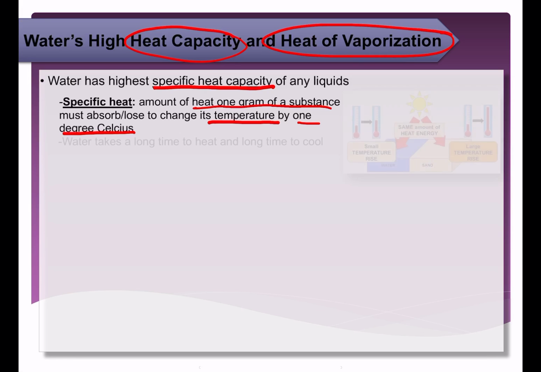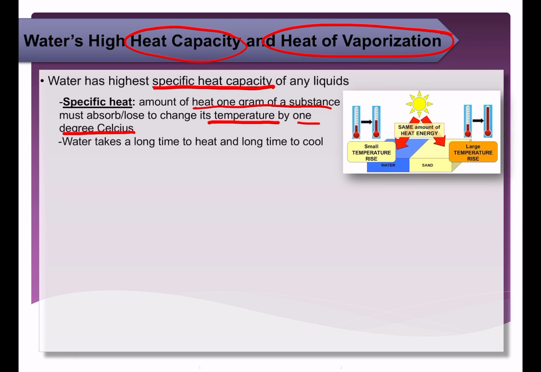So water having a very high specific heat capacity, the capacity meaning how much heat it can store, means that it takes a long time for it to heat up and also a long time to cool. An easy way to think about heat capacity: water takes a long time to heat, long time to cool.